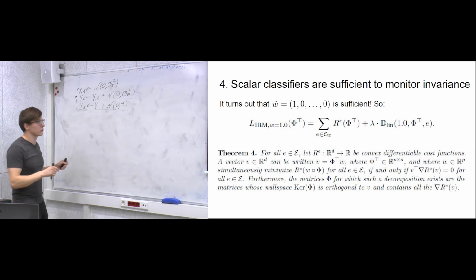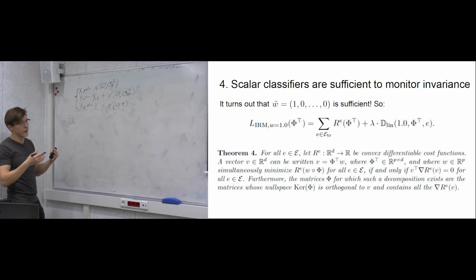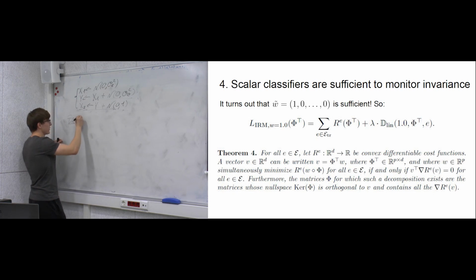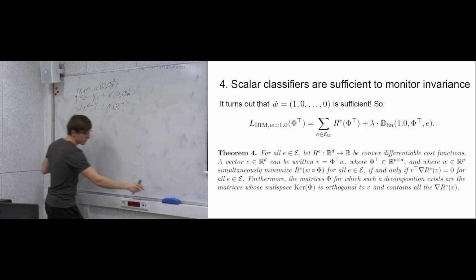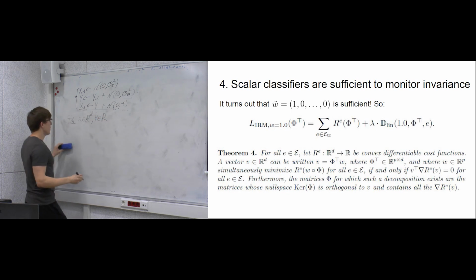So that's an intuition. The theorem actually makes things clearer for the linear case. It tells us what the invariant predictors are in the linear case. So we have x's which belong to R^d and one-dimensional y's, and the set of linear invariant predictors.